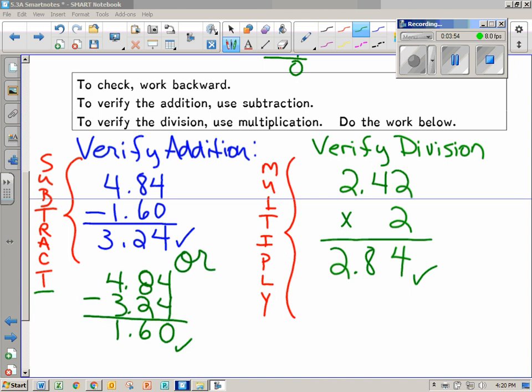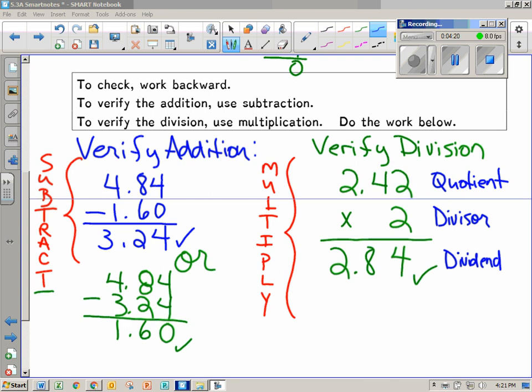Either one of those would have verified it. On the division, we are taking our quotient that we got, and I'll label that over here. This was our quotient, and we are multiplying it by our divisor to show that we get the original dividend.